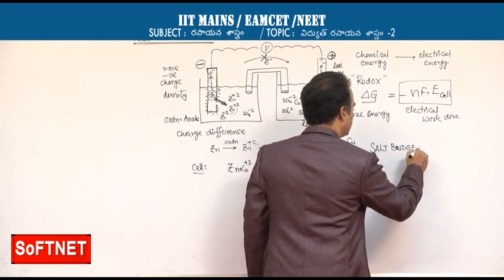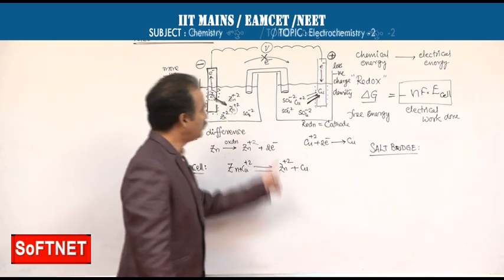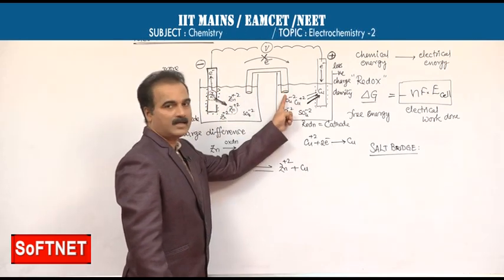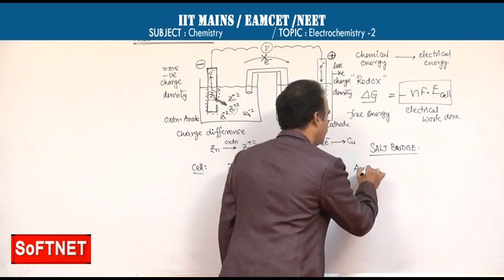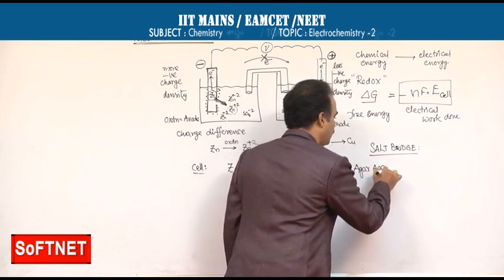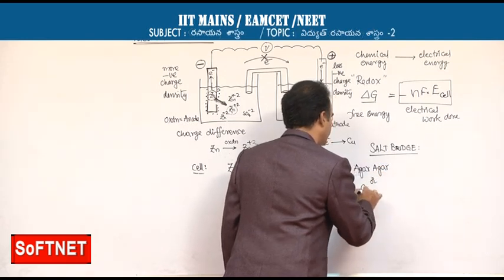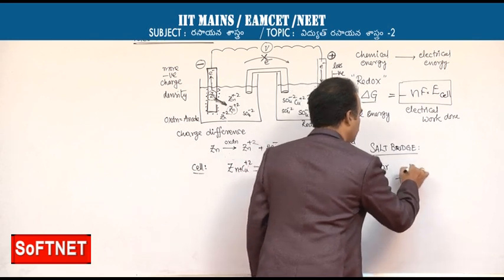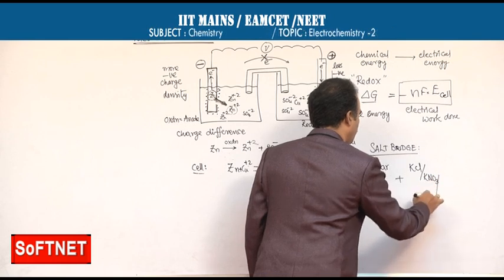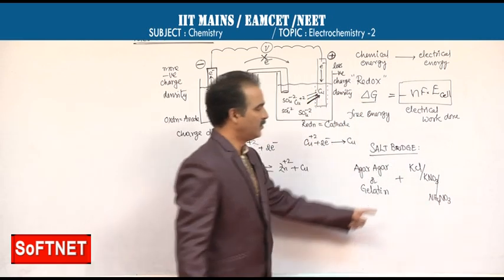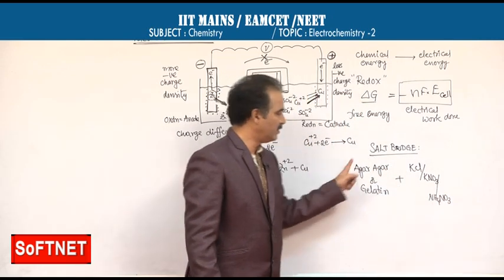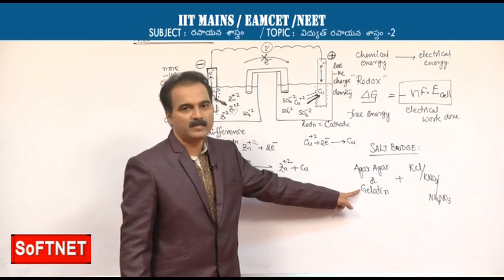It is nothing but a U-shaped glass vessel, and in that glass vessel we fill agar gel or gelatin, anything we can use, along with either KCl or KNO3 or NH4NO3, one of these electrolytes, and one of these glue-like materials.